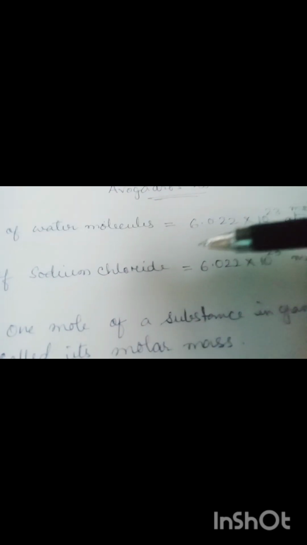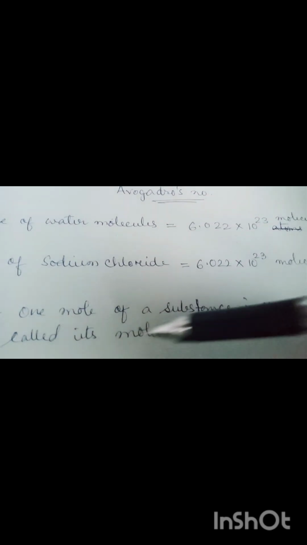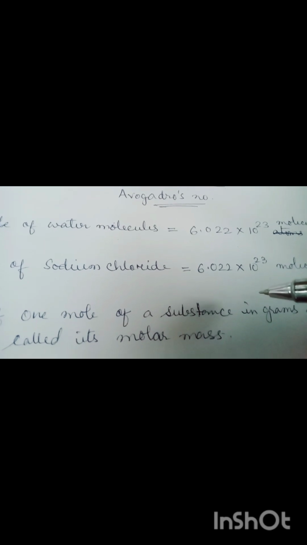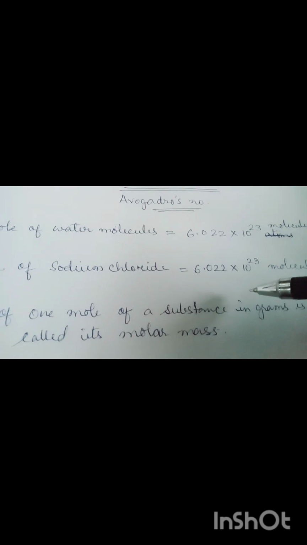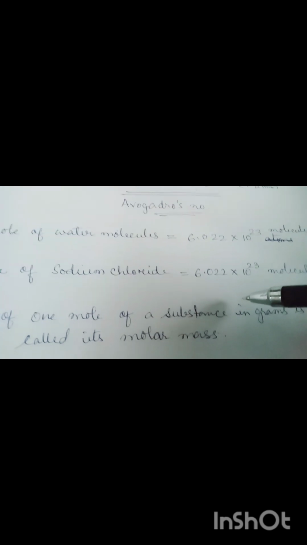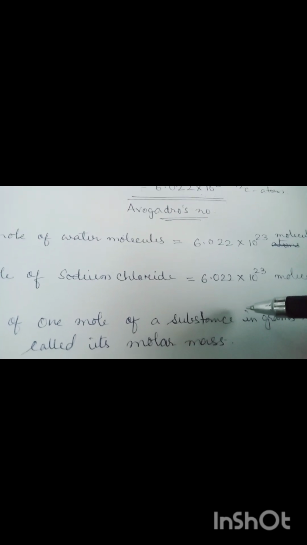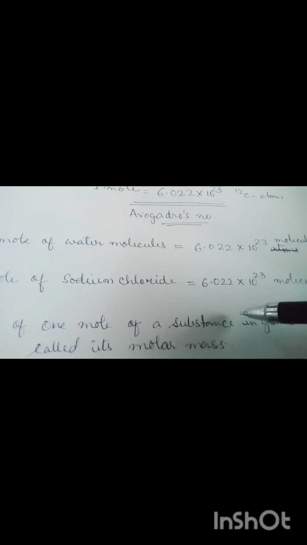So, the mass of 1 mole of a substance in gram is called its molar mass. Molar mass can be calculated by using its molecular formula and the definite mass associated with the number of molecules present in it.